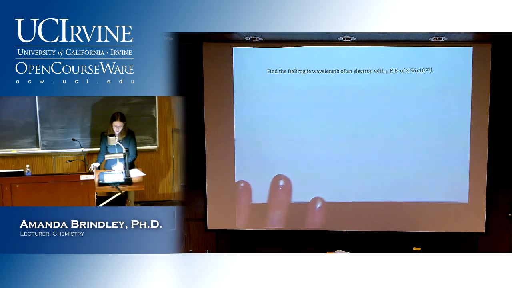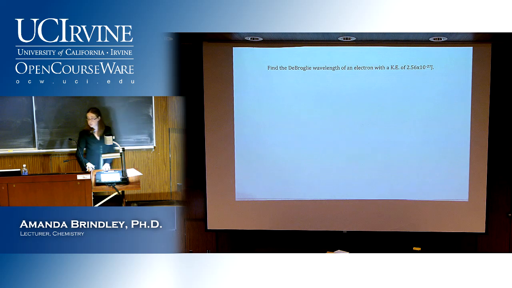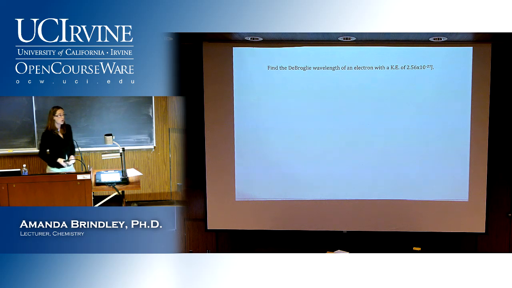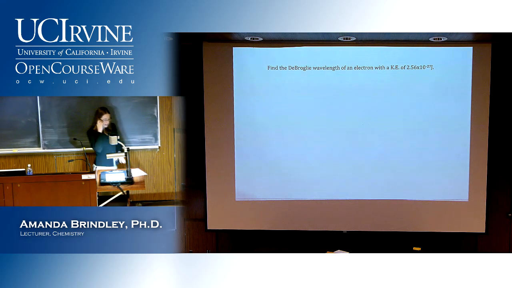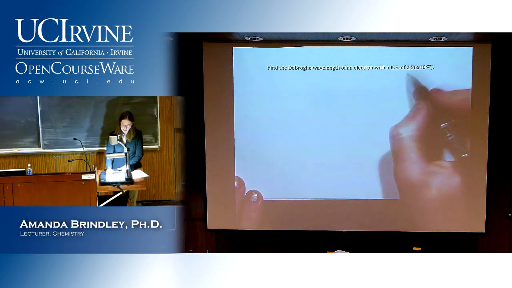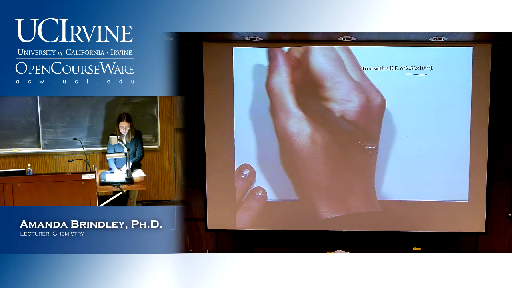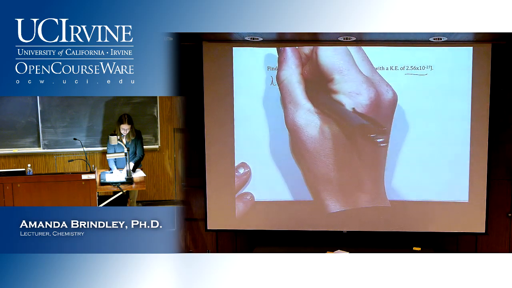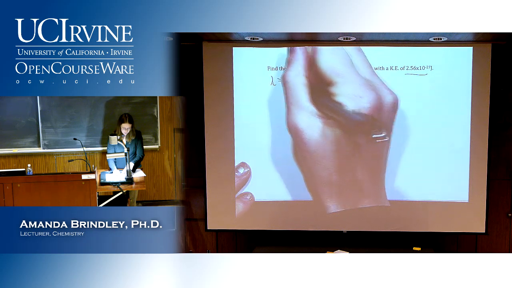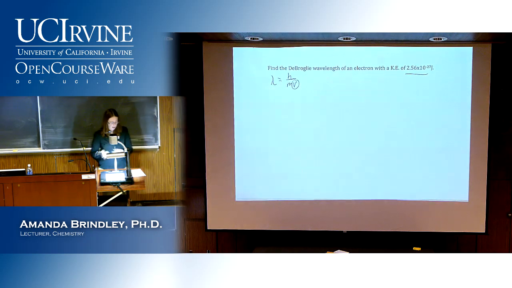So, for the first one, let's find the de Broglie wavelength of an electron. So something small, and I give you the kinetic energy. Since I give you the kinetic energy, we can't just directly fill it into the de Broglie wavelength, because the de Broglie wavelength is h over mv. So we need to find v. How do we find v?